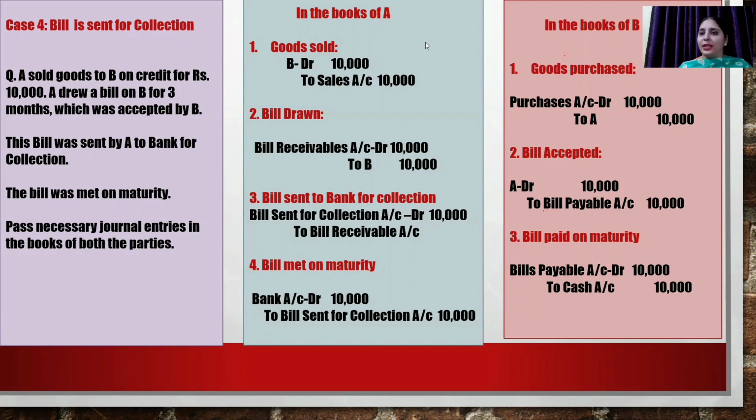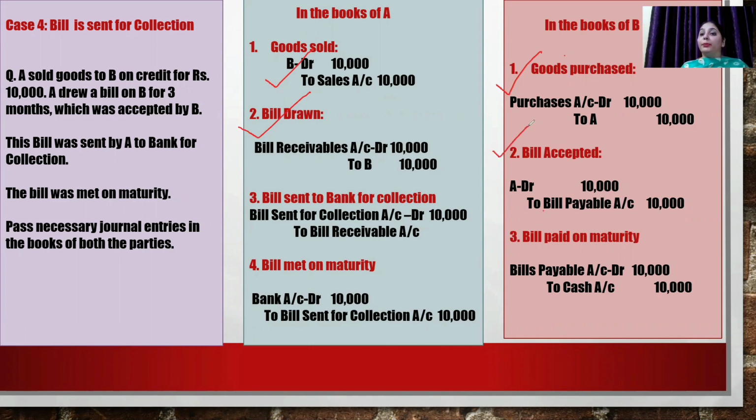For this, bank charges certain commission, which is not a part of this accounting treatment right now. Again, when the goods are being sold by A to B, entry for sale is same, entry for purchase is same. Also, entry for drawing bill and accepting bill is same.